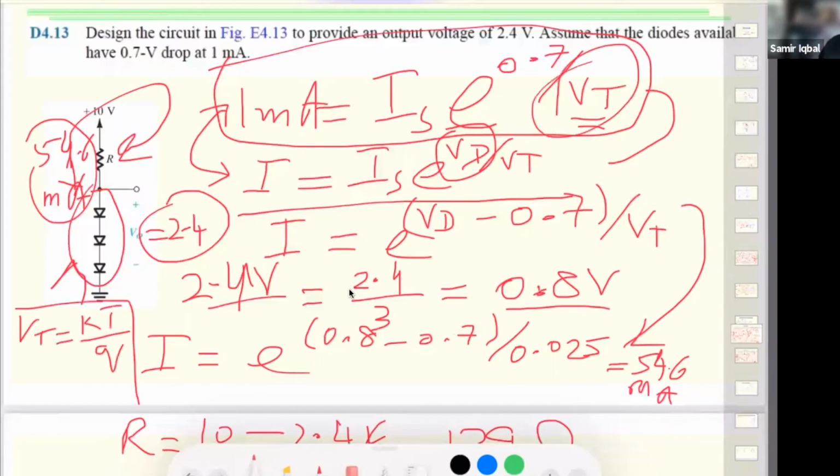For room temperature, we use 25 millivolts. In some places in literature, or some other courses, you'll see they use 26 millivolts, but here we will use 25 millivolts. So this is the VT, which is in the exponential of the current relationship for forward bias.